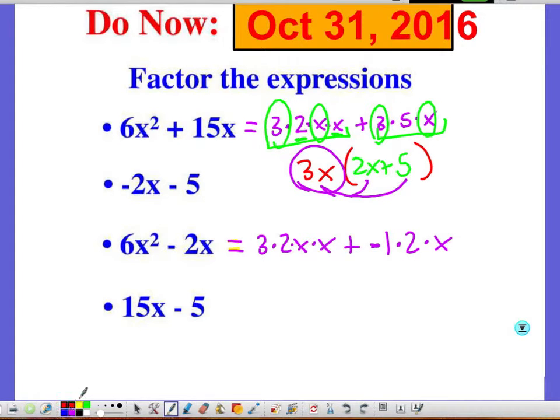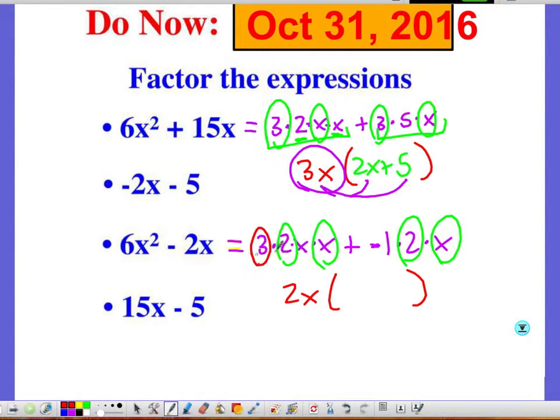Alright. Here's what I want to do now. What do they both have in common? So they both have an x in common, and they have a 2 in common as well. So that means that I can write the 2x outside the parentheses, and what I have left over is basically what's left uncircled, which is 3x, and then we have negative 1.